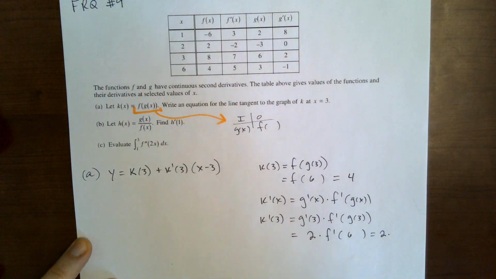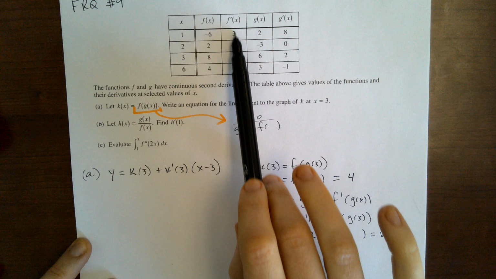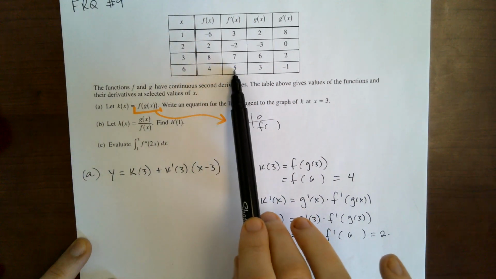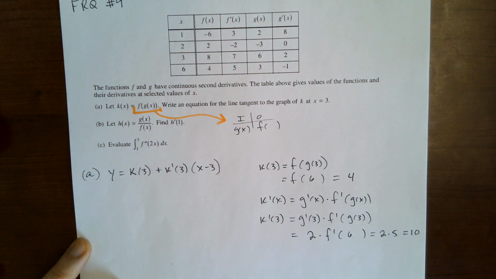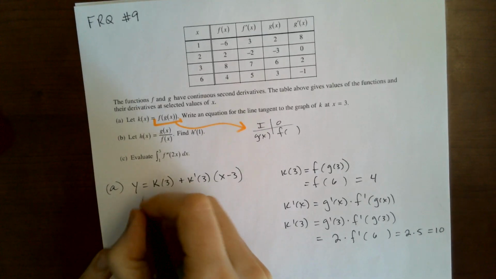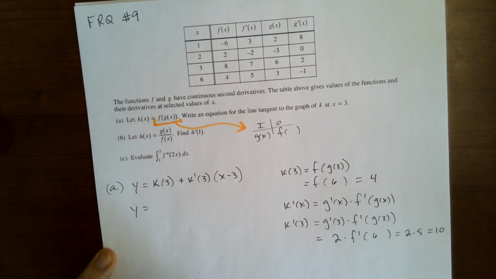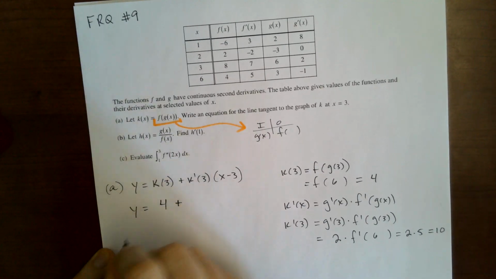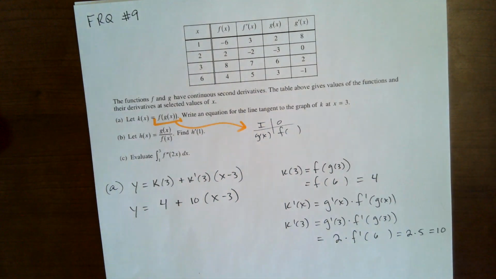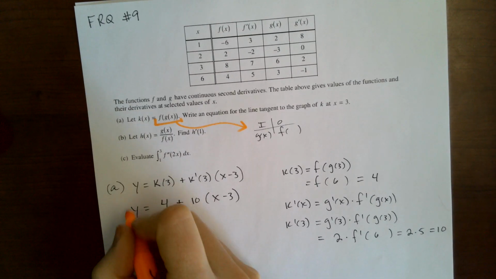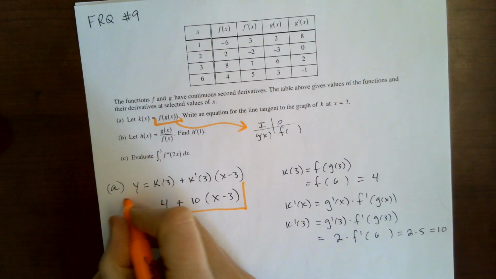So this is 2 times, there's the f prime column of 6 is 5, equals 10. Okay, now I'm just going to put those things in here. So y equals, so k of 3 is 4 plus 10 times x minus 3. Okay, so that is the answer for part A.